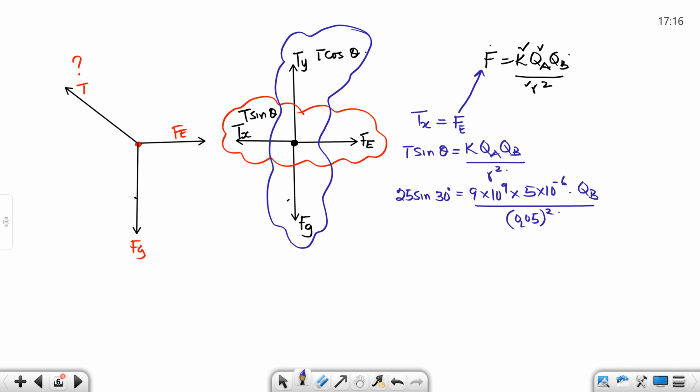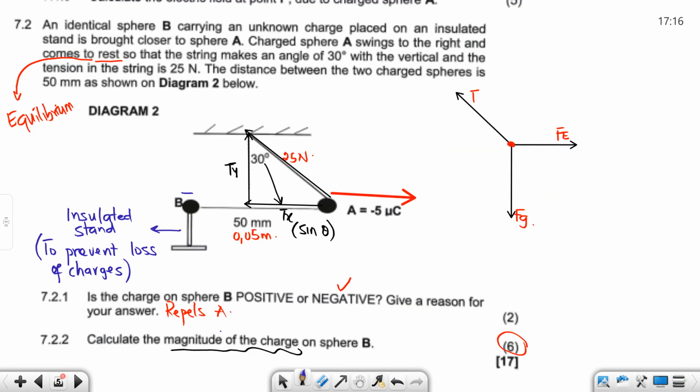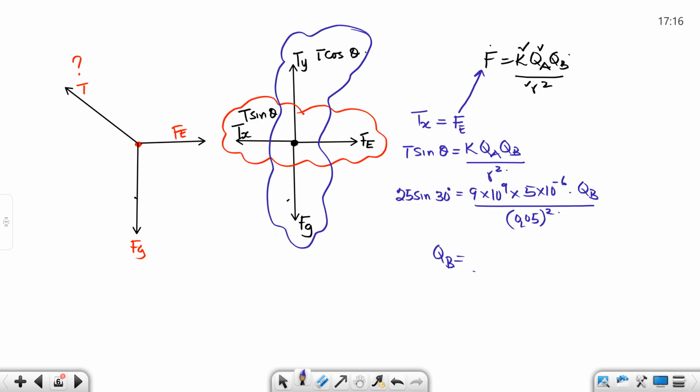Here you can get your QB. We just simplify and cross multiply. The examiner says we should find magnitude. Already we know the sign. The sign is negative, but we are only looking for magnitude, and your answer would be in coulombs. Guys, I am done. 6 marks in the bag.